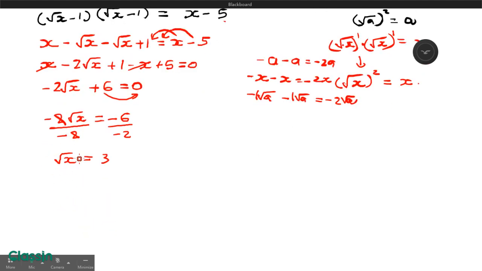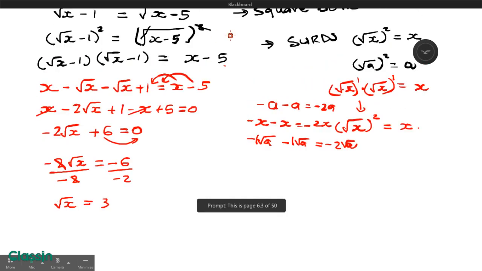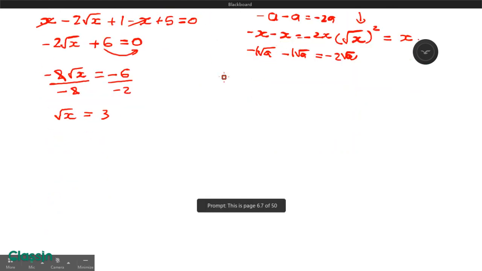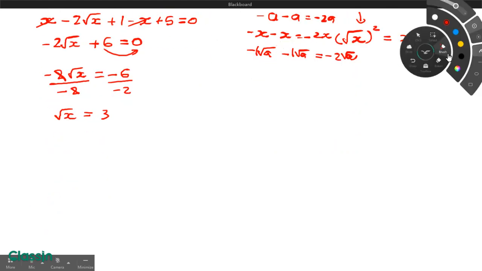Now, you still have the square root here. To eliminate this square root, remember what we did here to eliminate the square root. We're also going to apply the same mechanism here. It means that in this case, you're going to say root of x squared is equal to 3. But it must also be squared.